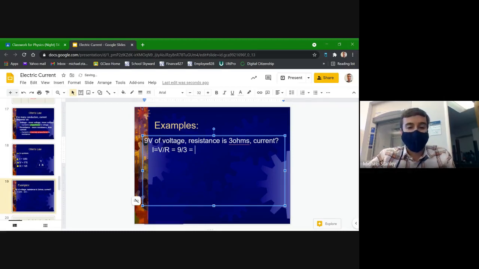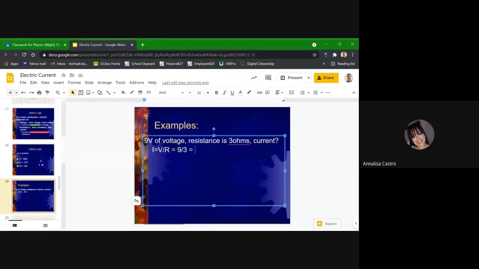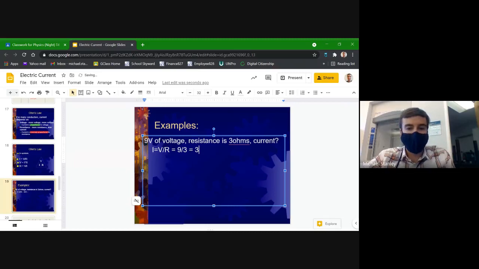What is our total current? Three. 3, exactly. 3 amps, because remember, current is measured in amps. So if we have 9 volts of voltage powering our system, and it experiences a resistance that measures 3 ohms, then our total current is going to be 3 amps, 3 coulombs of charge per second running through our system.